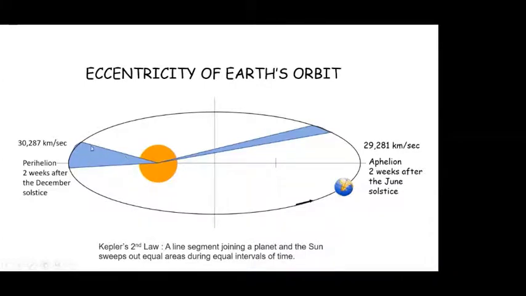Here you've got short legs and a fast movement. Here you've got long legs and a slower movement. In December, the Earth moves at about 30.287 kilometers per second, and in June, 29.28 kilometers per second. And you have to allow for this as well.